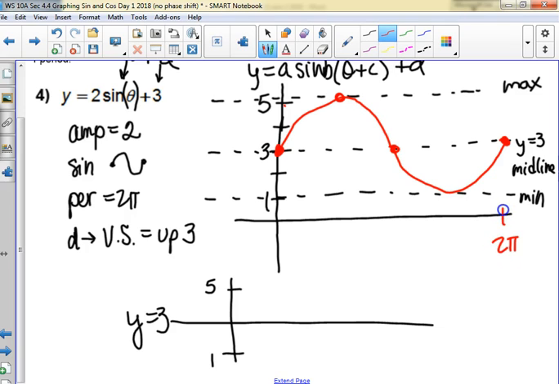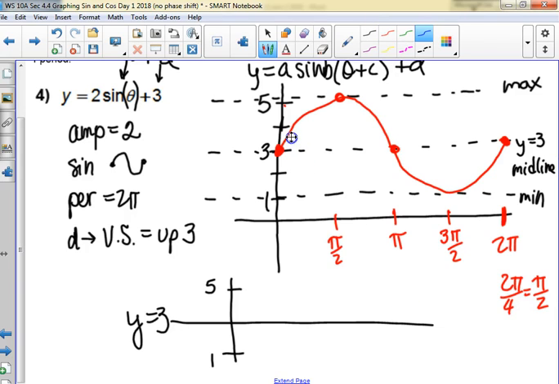Guys, notice 2 pi is really here. Then we're going to write an ordered pair here. If we take 2 pi and we do quarter points, we divide it by 4, we get pi over 2's. So there's going to be a pi over 2 that's important, a 2 pi over 2, which is pi, and a 3 pi over 2 that's important.